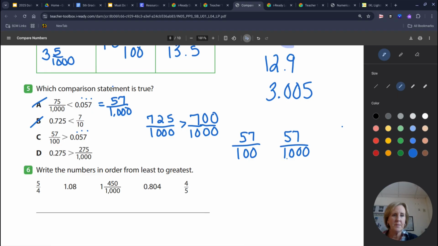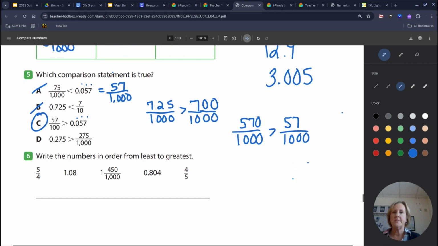I'm going to keep this one because look, I can add a 0 here, and a 0 here, and now I have 570 thousandths versus only 57 thousandths. Clearly, I have more with 570. Winner, winner.